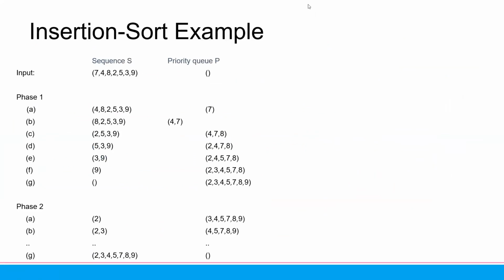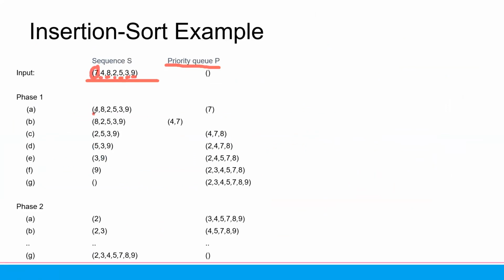So this is the sequence here. You have the 7, 4, 8, 2, 5, 3, and 9. And then when we try to use the priority queue, I'm going to check the first element, which is 7.